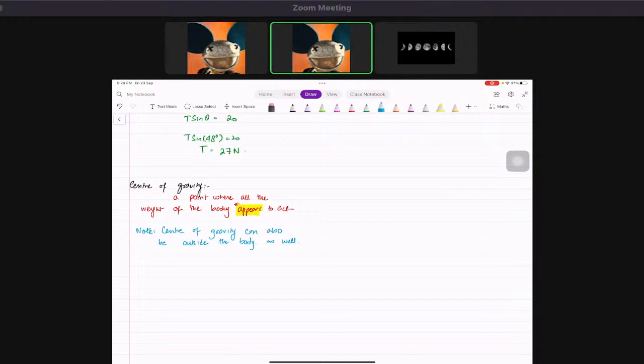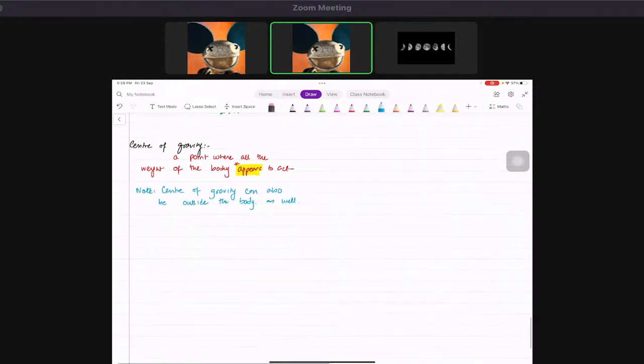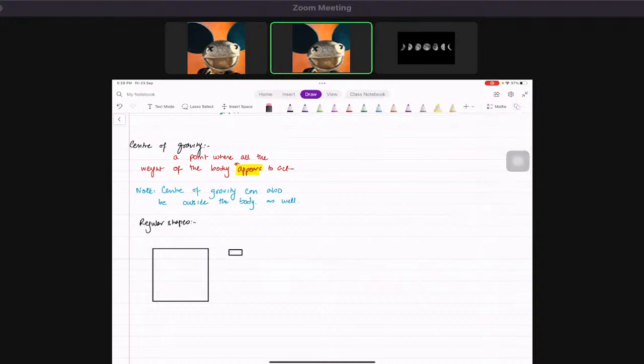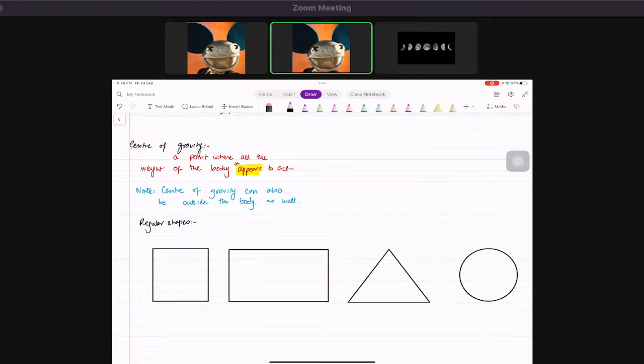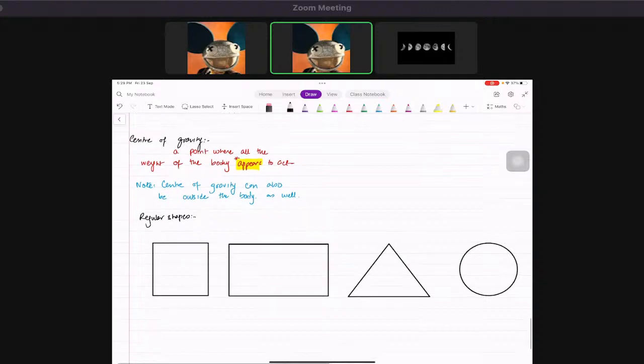Now, for regular shapes like a square, maybe a rectangle, maybe a triangle and a circle, what you've got to do is make a line of symmetry.